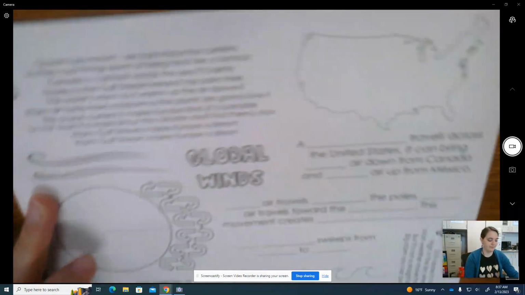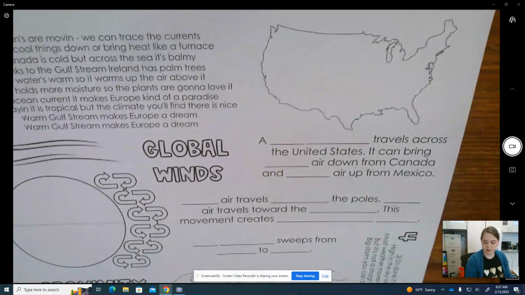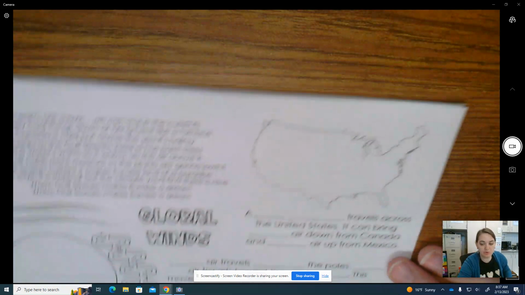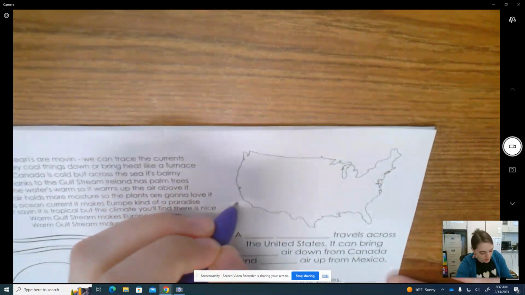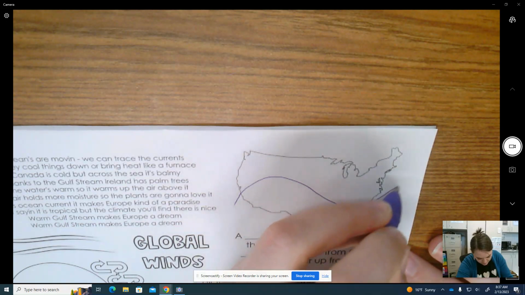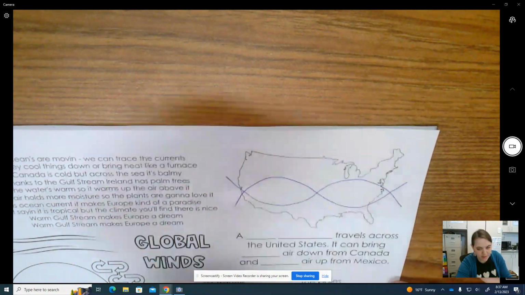All right, so we're going to use that information to help us fill out this part right here. Now, the jet stream moves in kind of like a curved path. So it moves from west to east, and the jet stream kind of moves in this curved path like this sometimes.